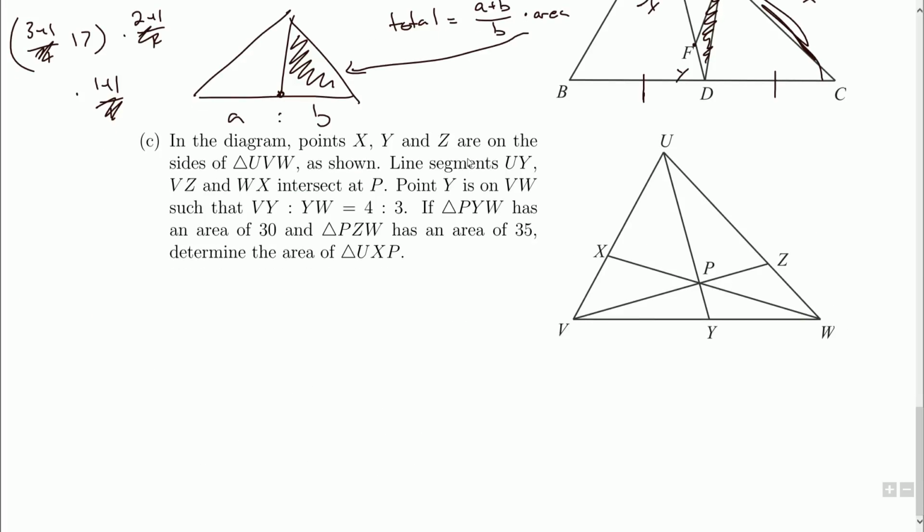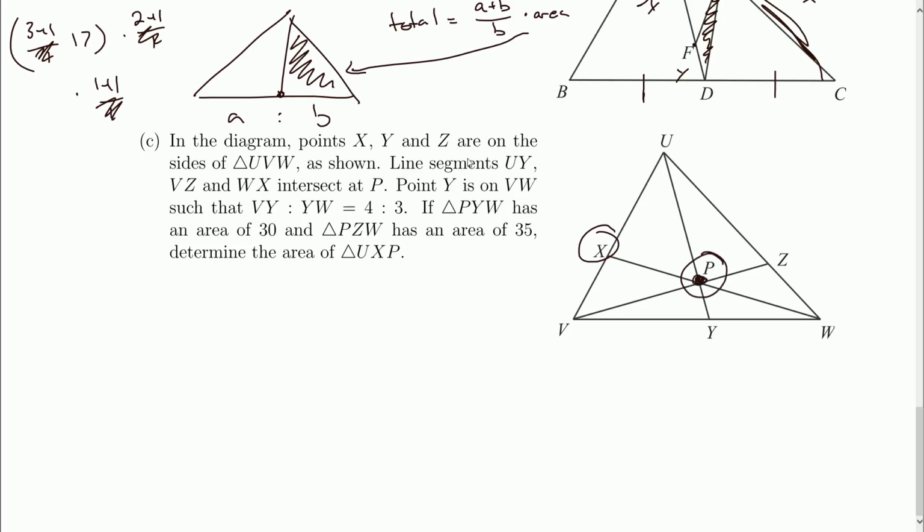Alright. So, C part. This should be the hardest thing we do on the contest, but depending on our background, maybe we found 3C to be particularly difficult or something. But for C, in the diagram, points X, Y, and Z are on the sides of triangle UVW as shown. So X is on the UV side, and so on. Line segments UY, VZ, WX intersect at point P here.